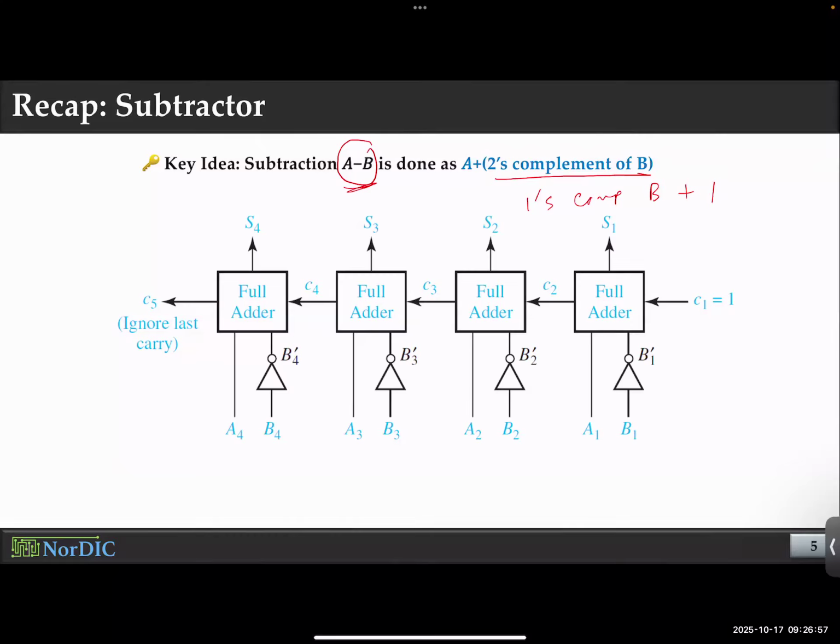Are you all good? Okay. Notice what's going on here. You have b, all the bits of b being fed into inverters. So what you get here is an inverted format of b, don't you think? So essentially, this gives you the 1's complement of b. How can you make it 2's complement? Remember the very first carry that you never needed to use because the carry was always 0.